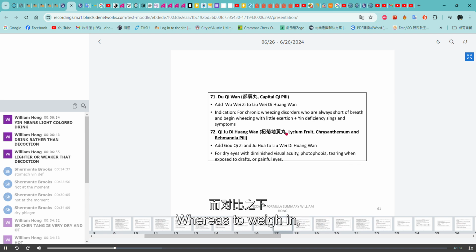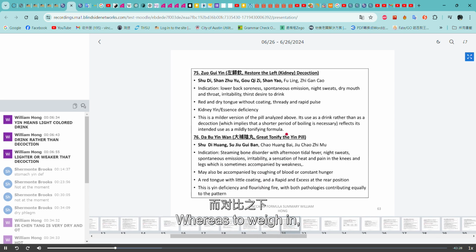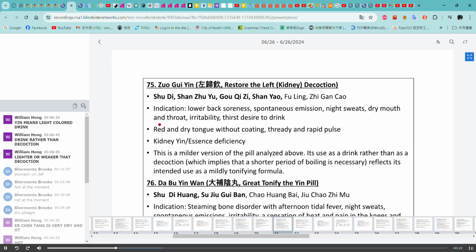Whereas Zhugui-in doesn't have this counterbalance. They basically are more nourishing: shu di for the kidney, shan yao for the spleen, shan zhu yu for the liver.